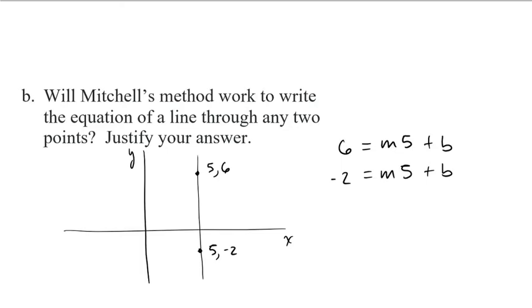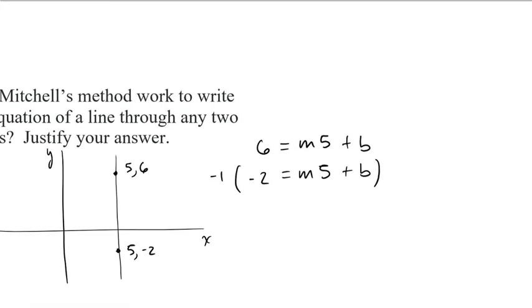I think this vertical line would be a problem, because if I multiplied the second equation by negative 1, this equation would become 2 equals negative 5m minus b, and the top equation is still 6 equals 5m plus b.